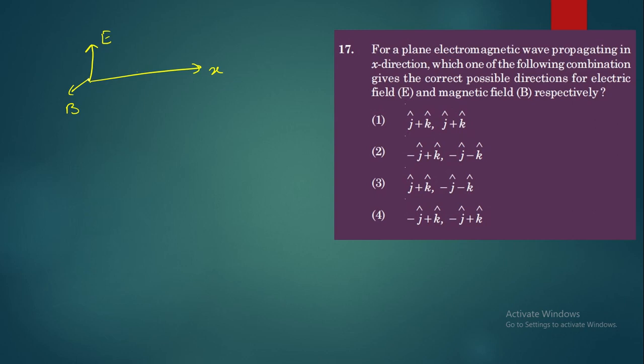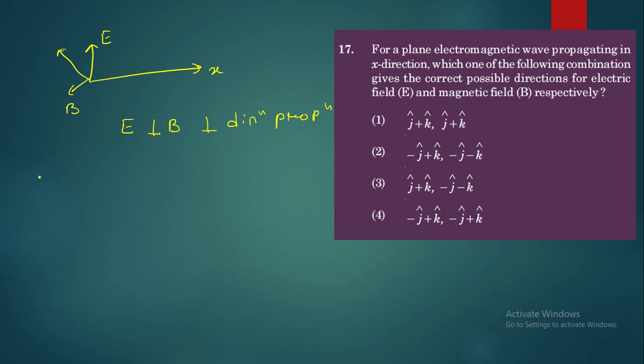Although I have drawn it like this, it may happen that the coordinate axes of y and z are in the other direction, but we must understand that the electric field must be perpendicular to the magnetic field, as well as perpendicular to the direction of propagation. Whenever two vectors are perpendicular to each other, their dot product is equal to 0.